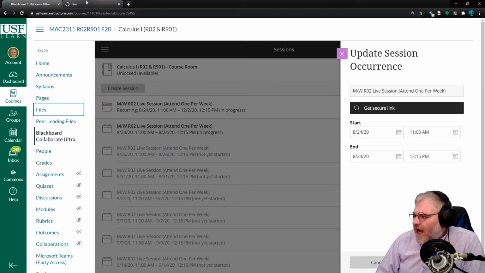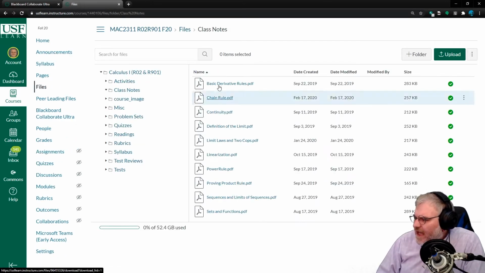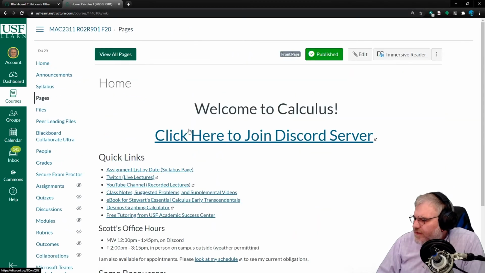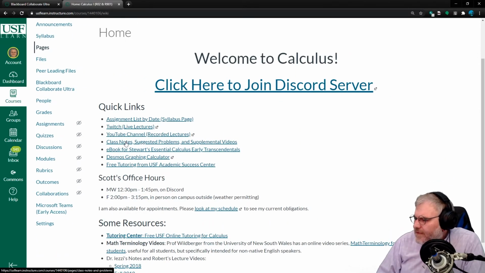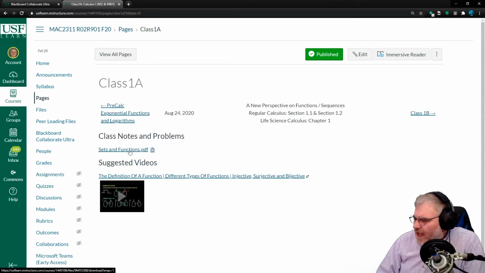If you go to Files on Canvas, you can see the class notes. And if you look on pages, class notes, suggested problems, and you come up here to week class 1A, you'll see the whole set of notes on functions and sets.